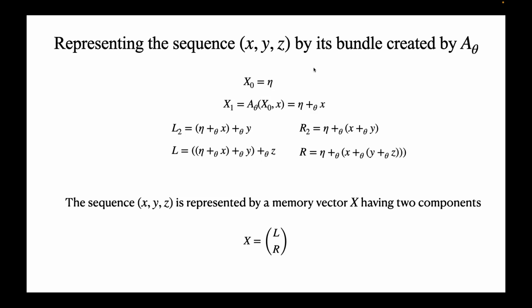Therefore, what comes out, if you think about non-associative bundling, is that this sequence is represented by a vector X here, but this vector has two components, and one component corresponds to left associative bundling, and the other one corresponds to right associative bundling.